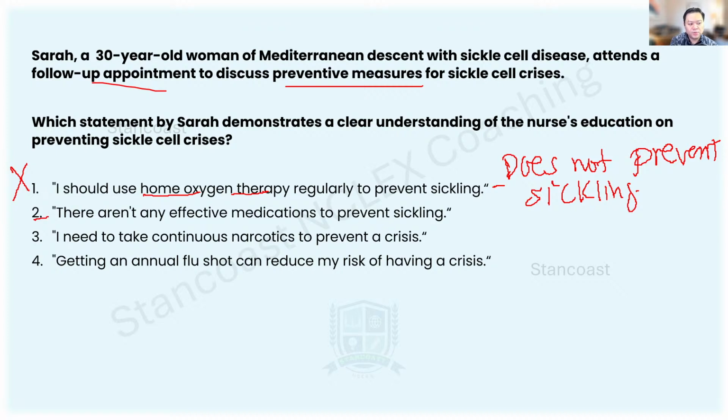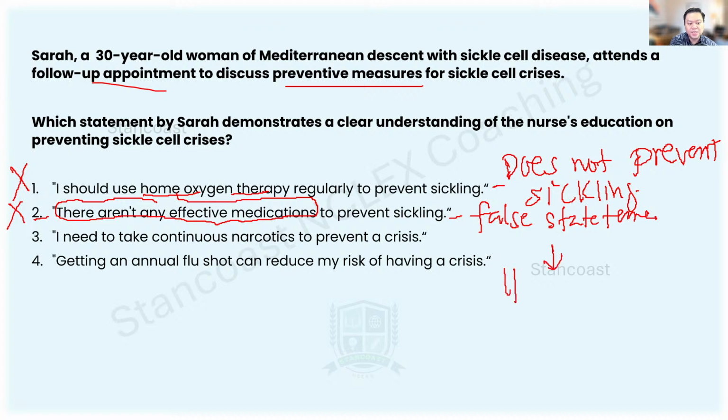Now, number 2, there aren't any effective medications to prevent sickling. Well, that is a false statement because we have hydroxyurea. It said there aren't any effective medications. Well, there is. That is a wrong answer. So we have the medication hydroxyurea.